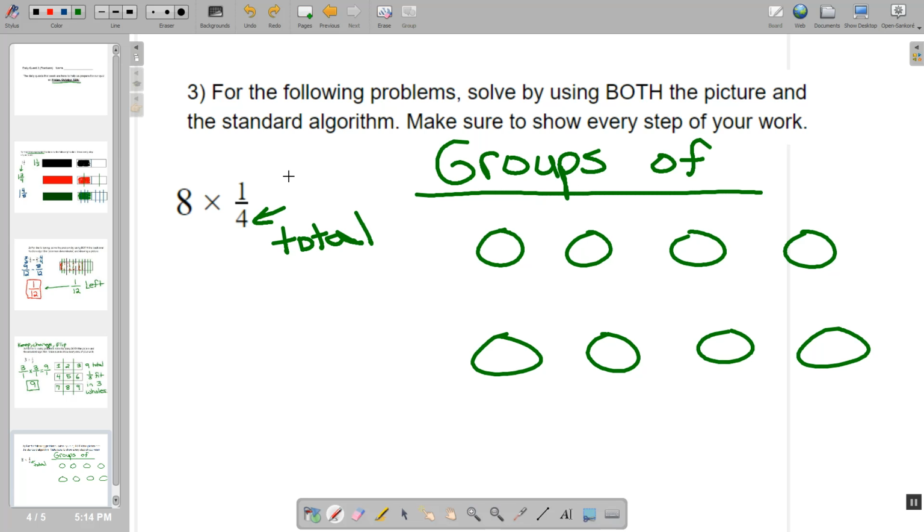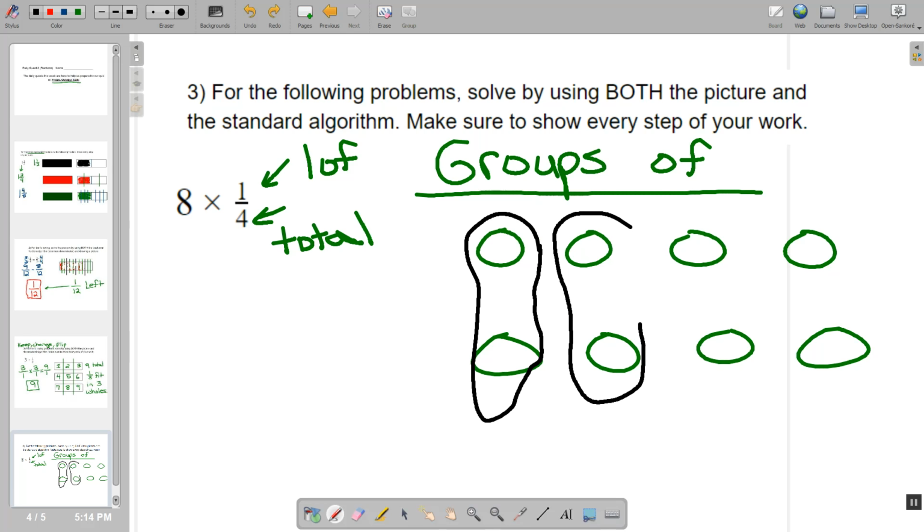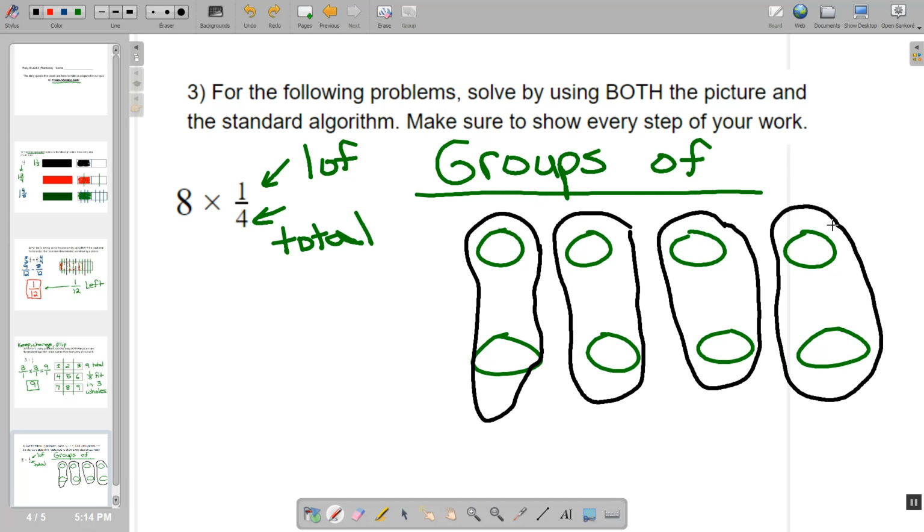And it wants to take one of 4 total. So I need to cut these up into 4 equal groups. And we got to figure out how much is in each group. So if I made this one group, this another group, this another group, and this our 4th group, each group has 2 wholes in it.